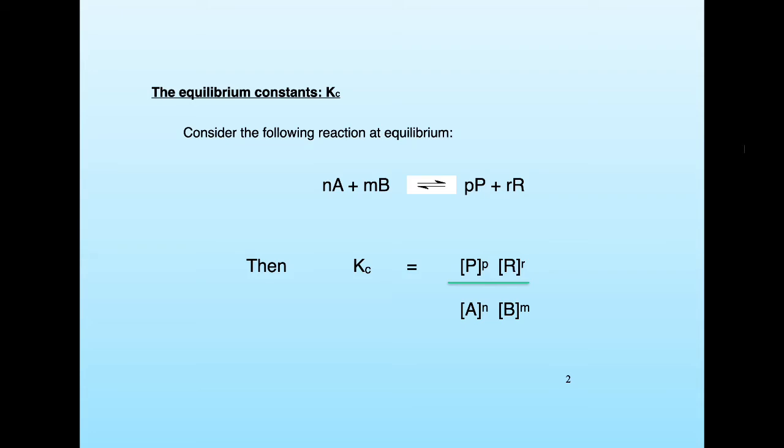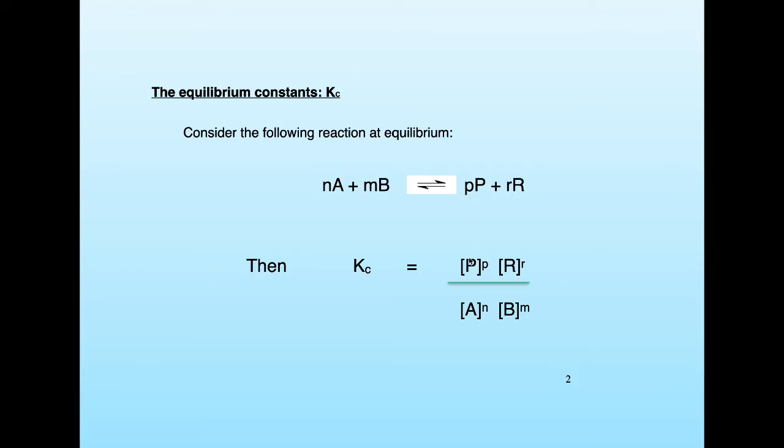If you have a system at equilibrium, you've got the reactants A and B, products P and R, and these little letters are the stoichiometric coefficients, so the number of moles of A, number of moles of B, etc. So the equilibrium constant Kc is the products in the numerator, the reactants in the denominator, and it's the concentration of each species to the power of its stoichiometric coefficient.